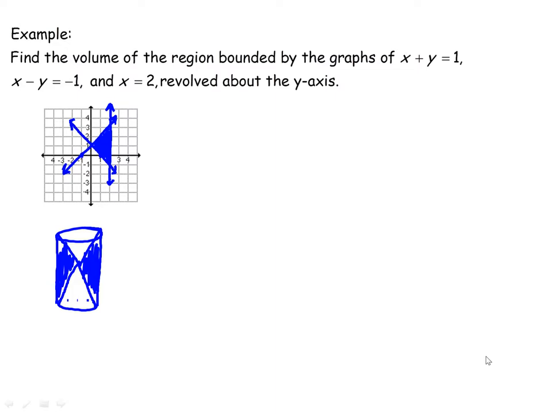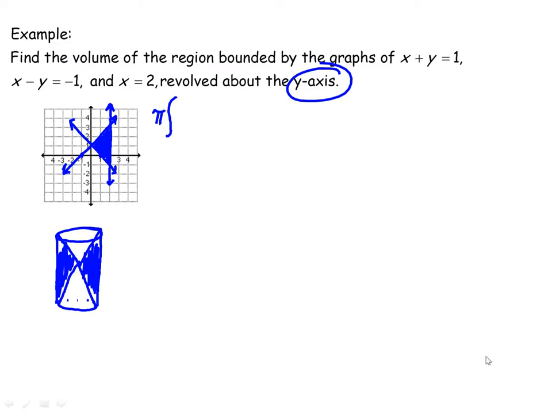Okay, so we're revolving about the y-axis. So we know that we're going to have the pi times. Now, we need y-axis boundaries. What can you tell me about this figure? If we're revolving it about the y-axis, now look at this, okay?